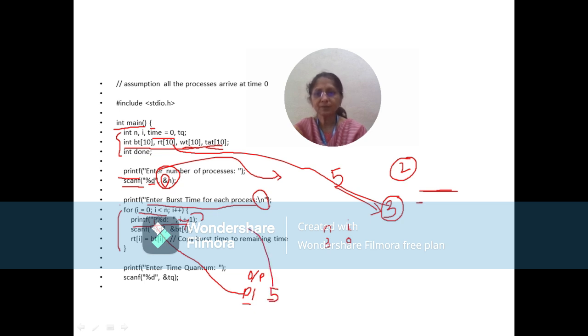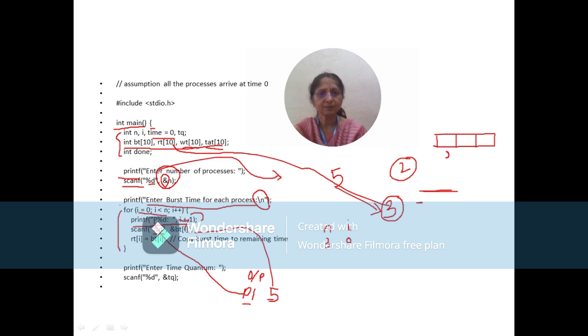So this 5 will be stored into an array called BT. But which position of BT? BT of 0. Since this BT array is also an integer array, we use the format specifier %d at address BT of i. So if I draw the array BT, since I know there are 3 processes, I can just show 3 subscripts for my BT.